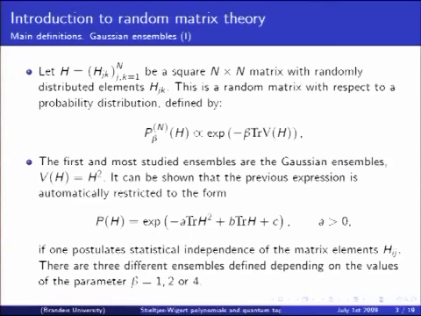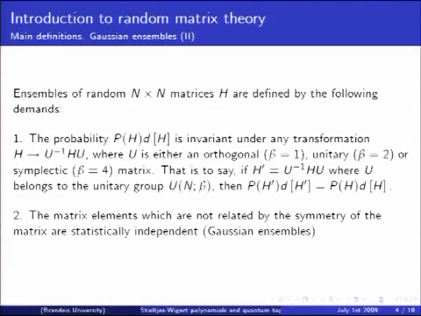If you have a quadratic polynomial here, then we have statistical independence of the matrix elements of the random matrix ensemble. But this is not the kind of model we are going to discuss, but this is the simplest one. And then the beta parameter, which typically is 1, 2, or 4, depends on the symmetry of the ensemble.